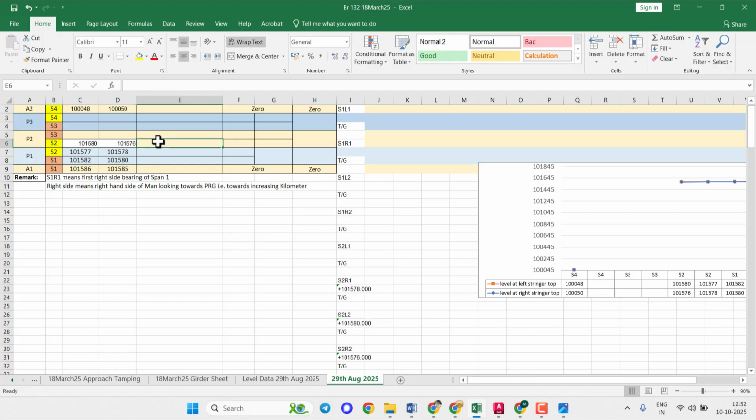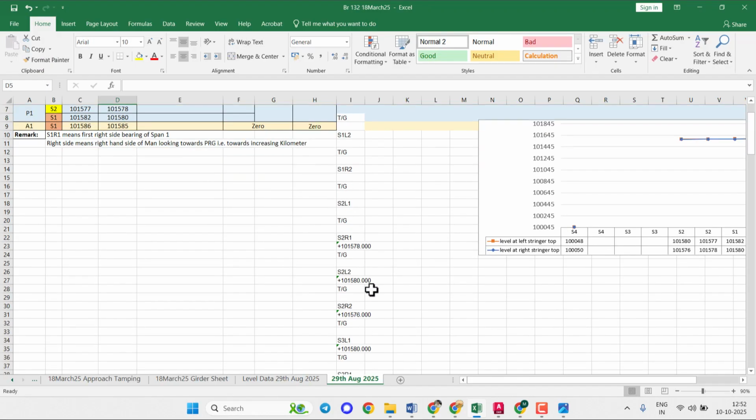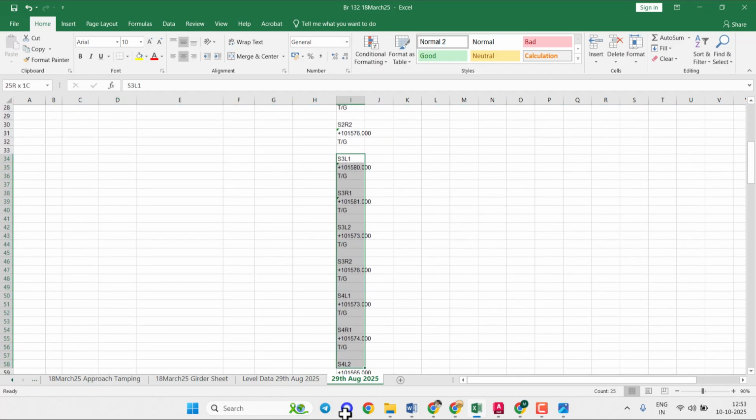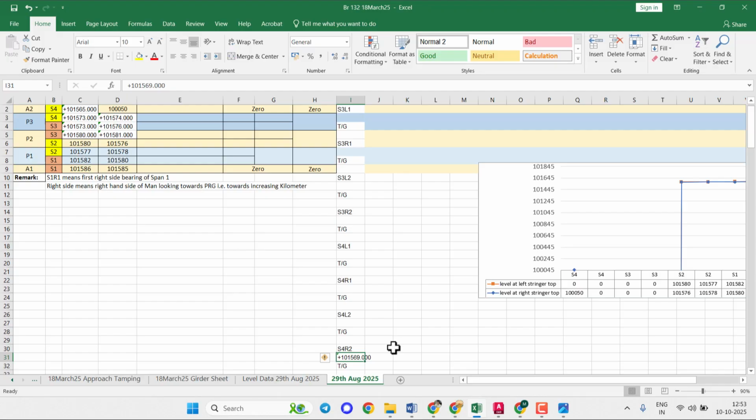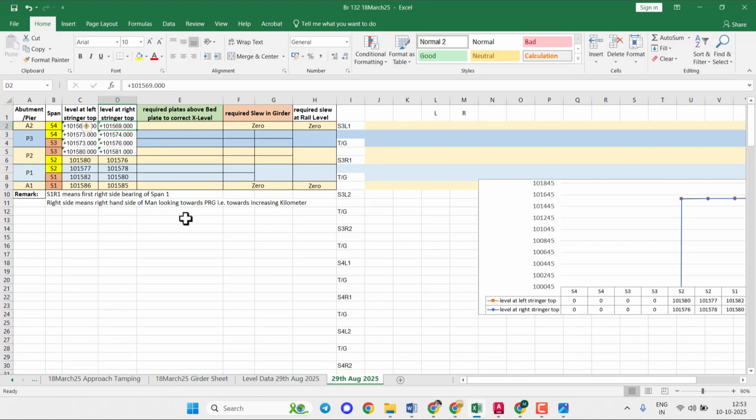Next is S3. S3 L1, S3 R1, S3 L2, S3 R2, S4 L1, S4 R1, S4 L2, and this is S4 R2.